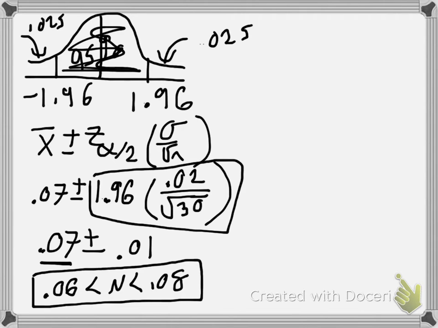Now, how confident am I in that interval? You have to tell me in a sentence. Well, we said that we wanted to be 95% confident, and that's what we used.